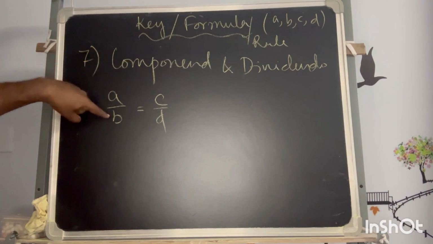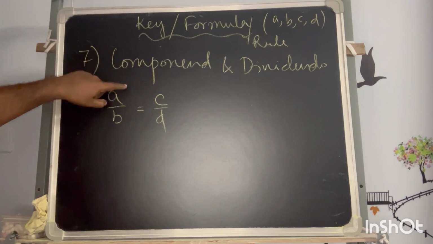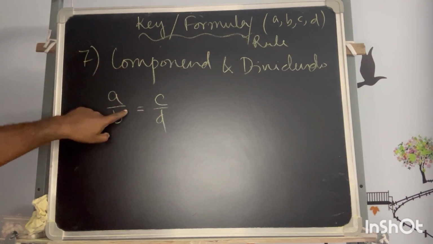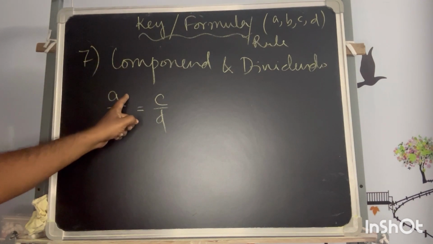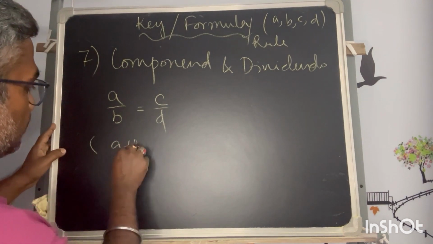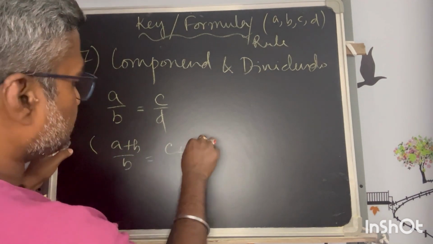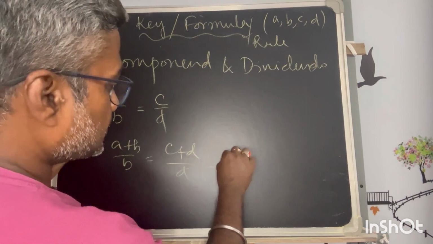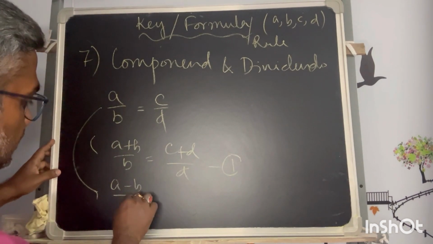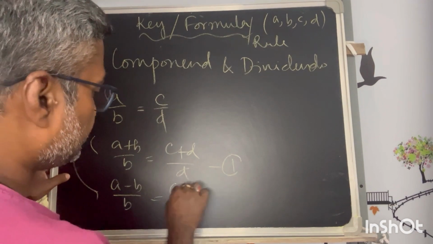You add b, so you get a plus b by b is equal to c plus d by d. In dividendo, you do the same with subtraction: a minus b by b is equal to c minus d by d.